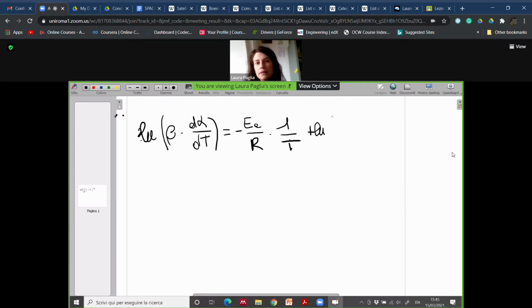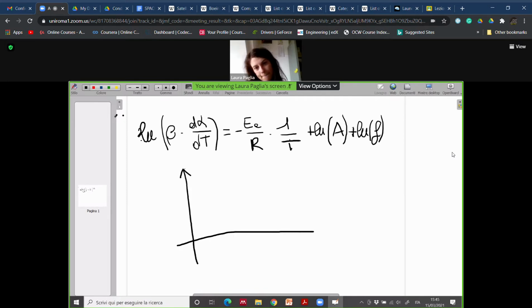Plus, I have this equation, and this is my x-axis, 1 on T. I have the y-axis.